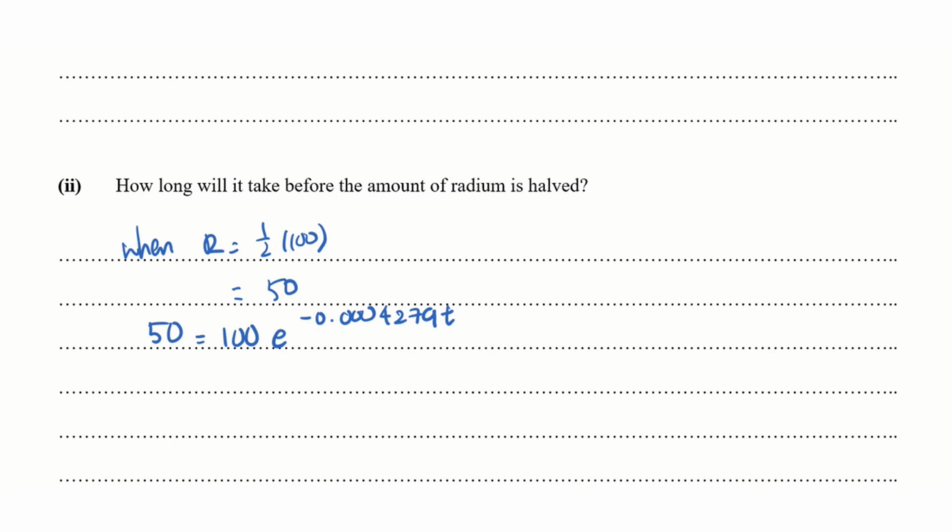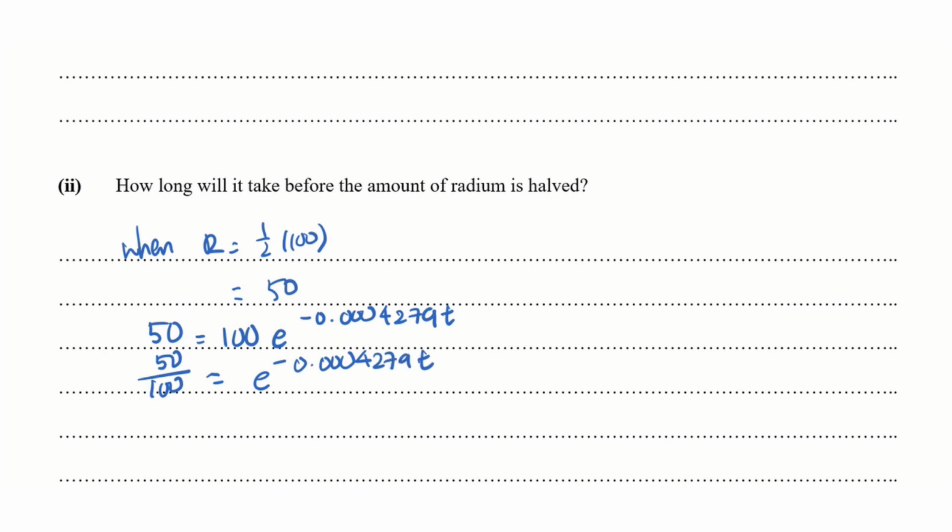Upon arriving at this equation, how are we supposed to go about solving it? We will first take this 100 and shift it over to the left side. That means we divide over to the left. 50 divided by 100 will be equal to e to the power of negative 0.0004279 t.